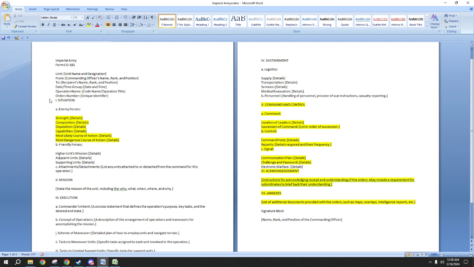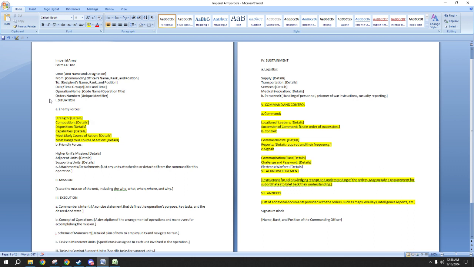Most likely course of action, most dangerous course of action, again, not necessarily needed for me, but I would have thought it would be a good planning thing for you. But that's fine. Friendly forces: are there friendly forces in the area that aren't yours? Allies, other units, just things that you might want to consider so there isn't fratricide or something like that.